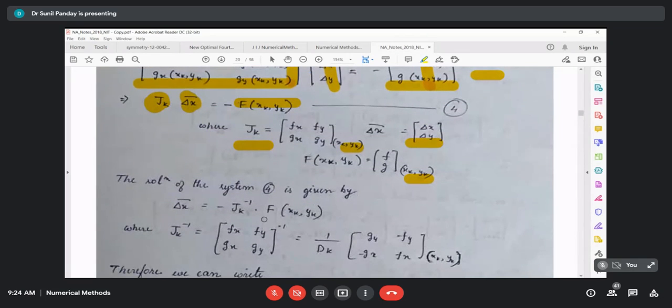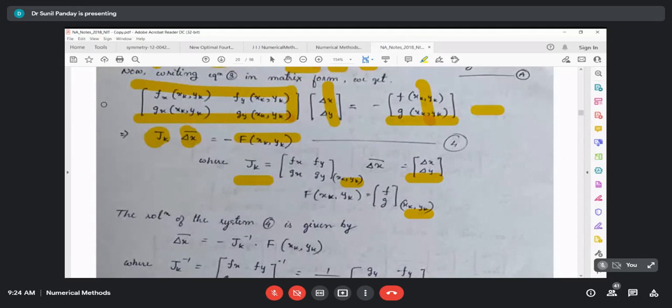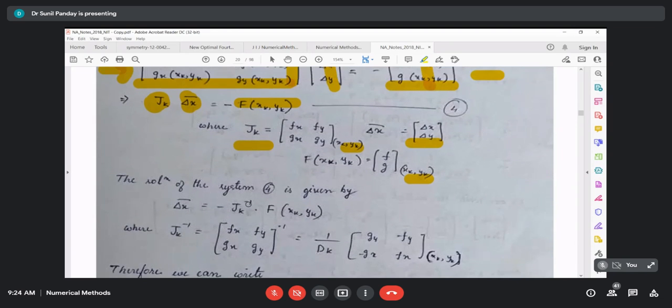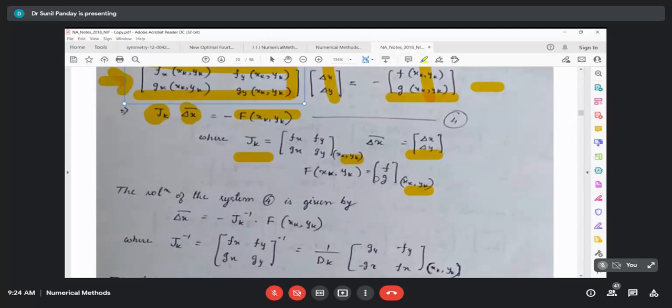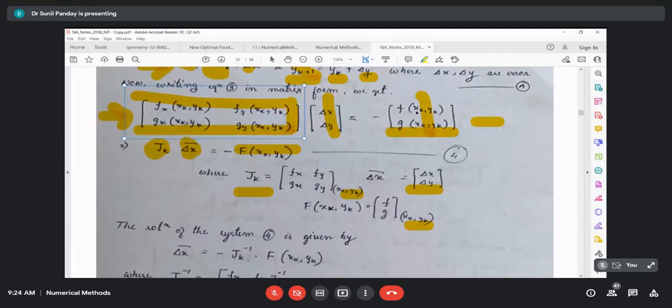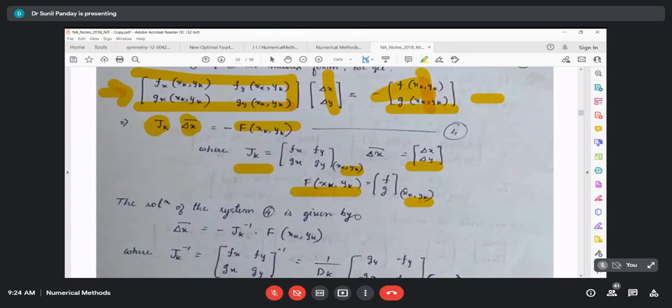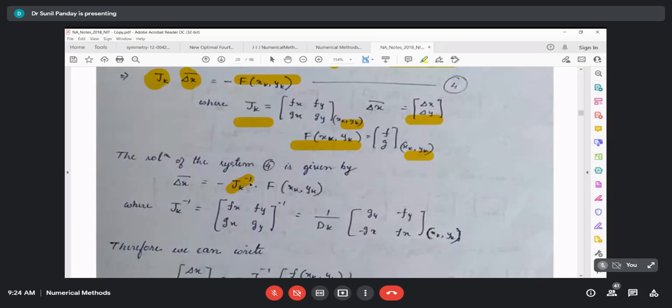And then we know that if the determinant of this is not 0, then we can calculate delta xk yk. So we write the inverse matrix of jk, and this one we represent by f of xk yk. So jk inverse into f of xk yk.